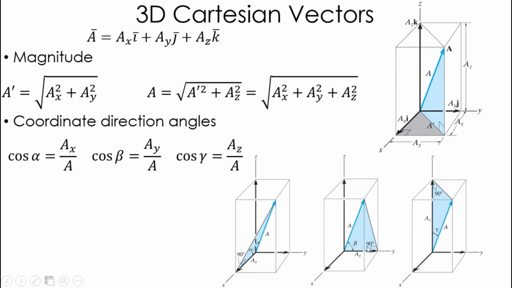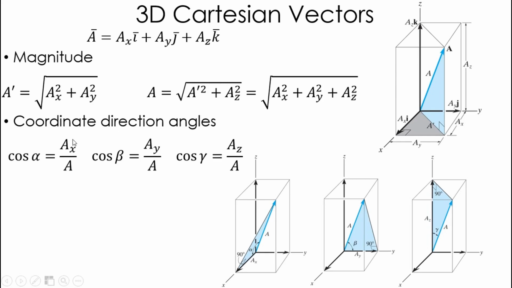Now I've got these right triangles here. Okay, that's adjacent to the angle for x, adjacent to the angle for y, adjacent to the angle for z. So I use cosine in order to find these angles. Cosine of alpha is ax over A, cosine of beta is ay over A, cosine of gamma is az over A, where A again is the magnitude of the total vector, and these are the components of each.